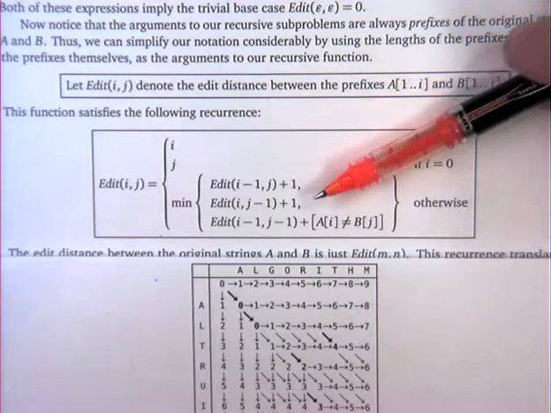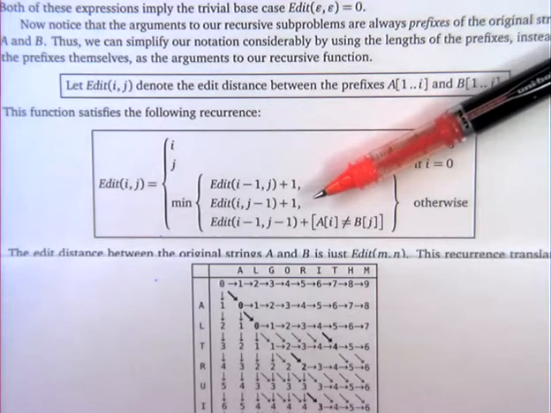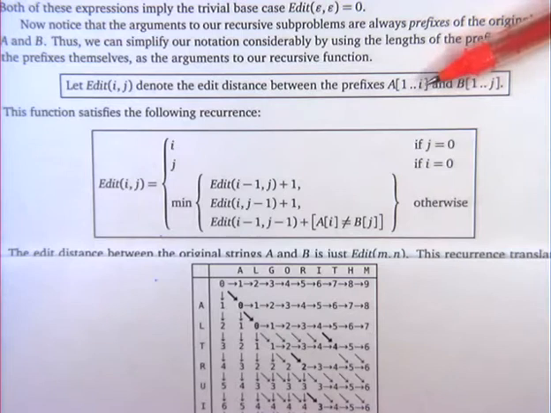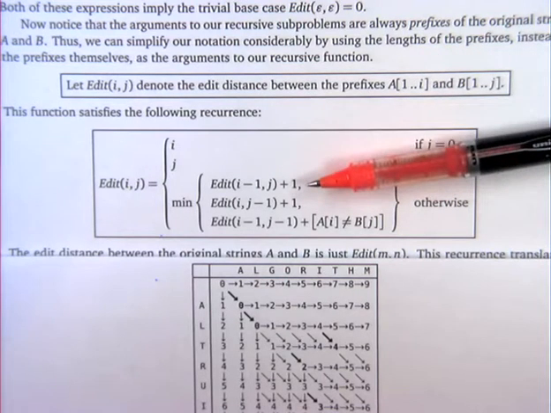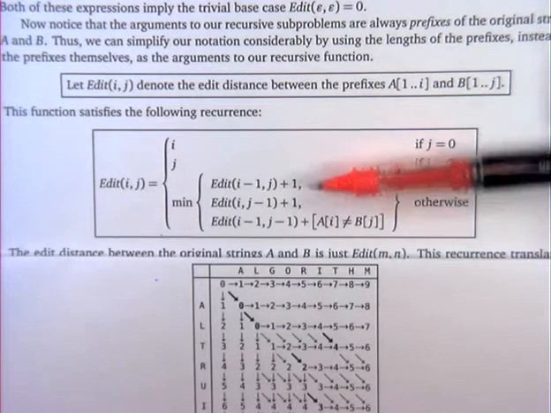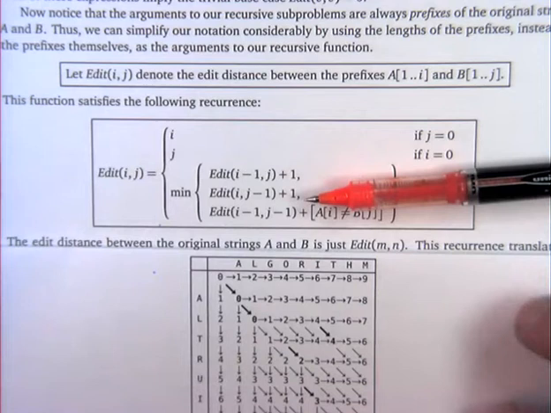I can decide I'm going to delete the last character in the prefix of A, in which case I add 1 to pay for that deletion, and then I recursively look at a slightly shorter prefix of A and the same prefix of B. Or I can decide that the last thing I'm going to do is insert the last character of B, in which case I add 1 to pay for that insertion, and then I recursively try to transform the whole prefix of A into a slightly shorter prefix of B.